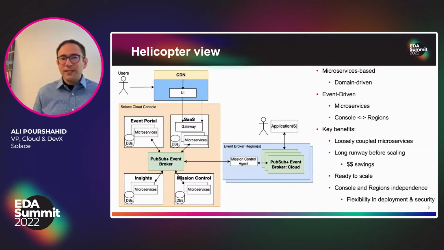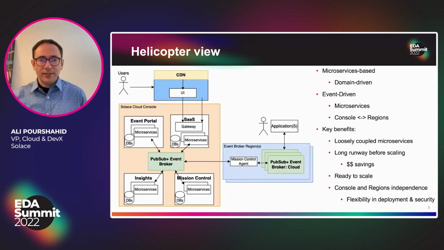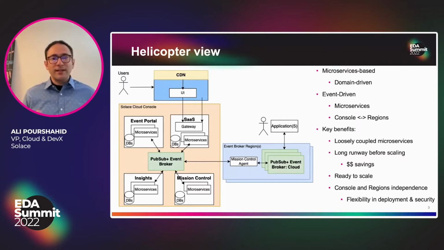And so if you look at our high-level architecture, it really has two big elements that I'd like to call out. One is everything related to our cloud console. This is our UI, or the console for the control plane. And the whole idea behind that is, as a user, as a SaaS user, you can log into this console and you can use different services and applications that we provide for you.